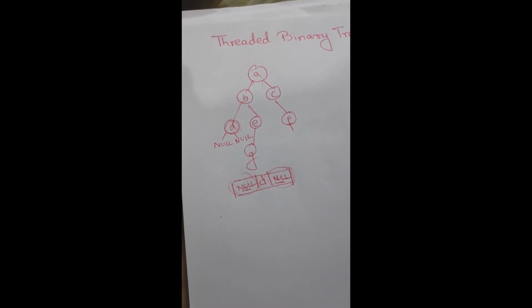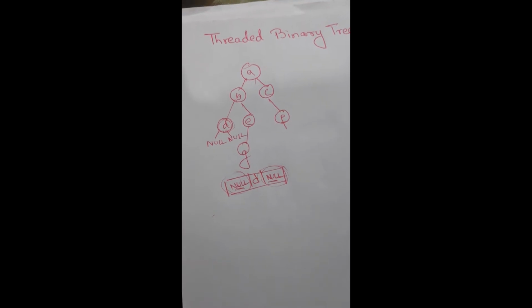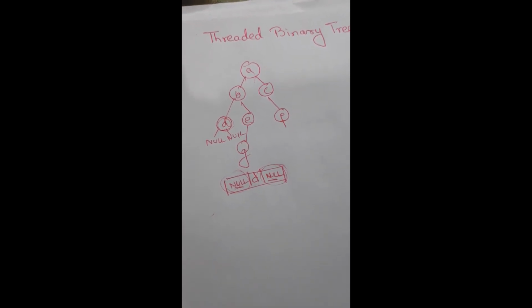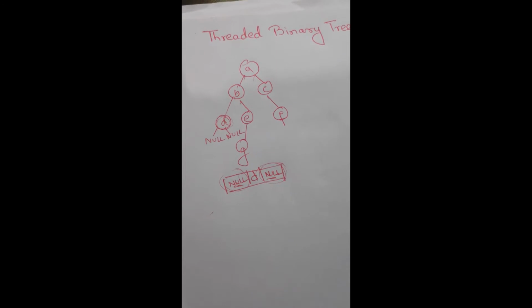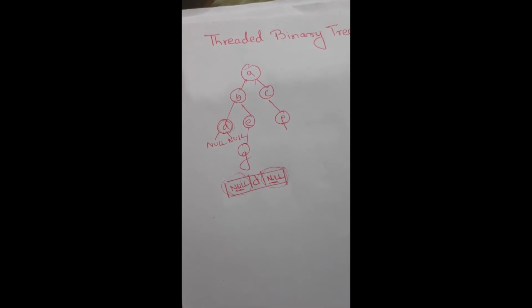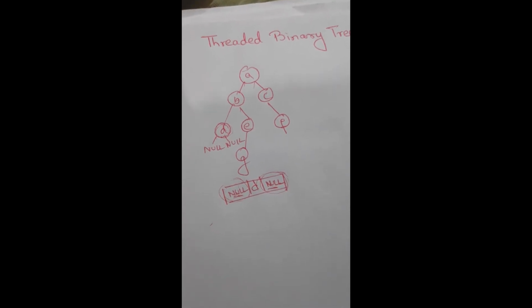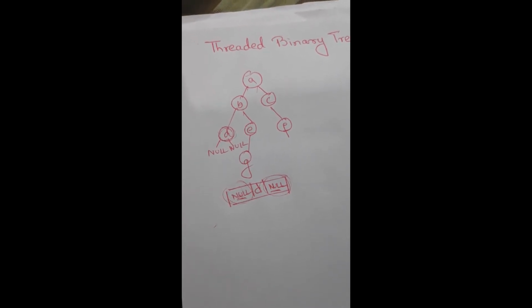Again, I will repeat, when I have already allocated memory for a node, if the node has got its child values as null, then I would store something else in those child values so that the spaces are not wasted.